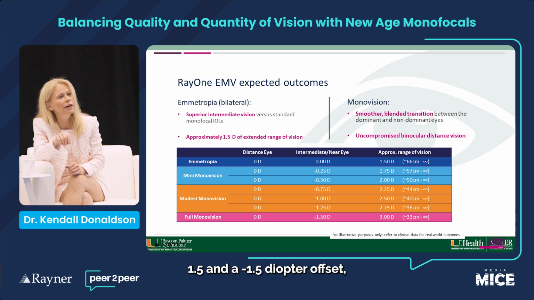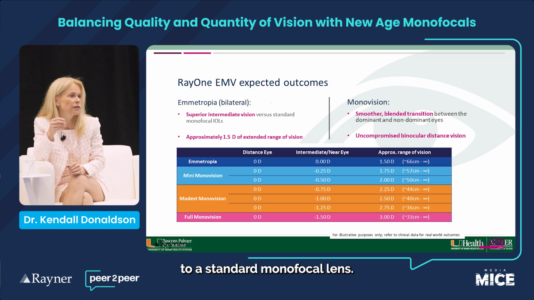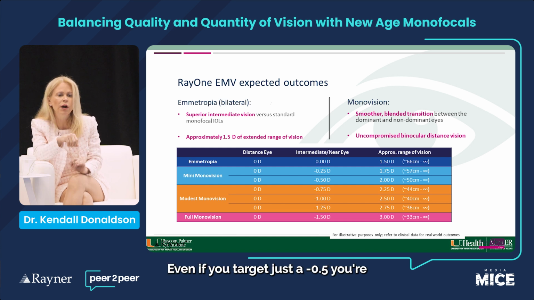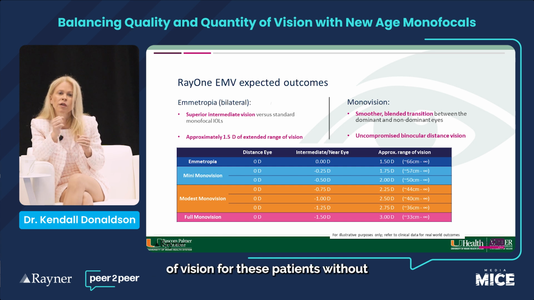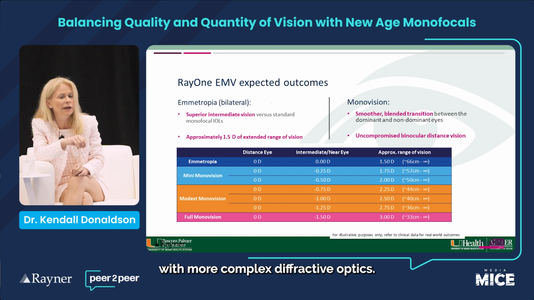At a minus 1.5 diopter offset, you're getting about 3 diopters of extended range. And this is relative to a standard monofocal lens, so you're really getting a lot more. Even if you target just a minus 0.5, you're getting about 2 diopters of extra range of vision for these patients without introducing dysphotopsias, as you would see with more complex diffractive optics.